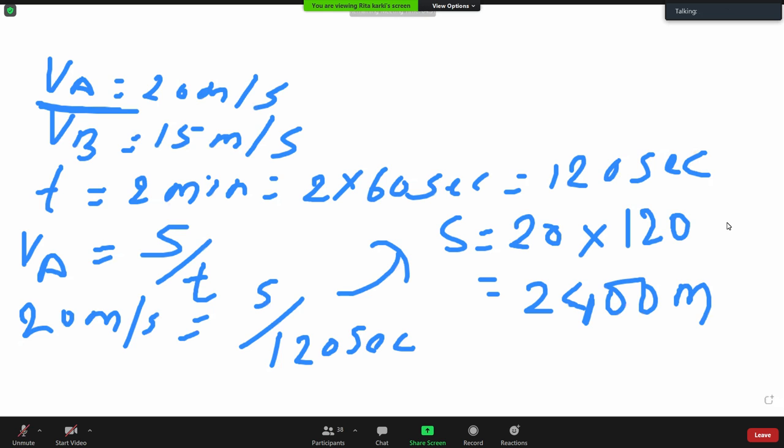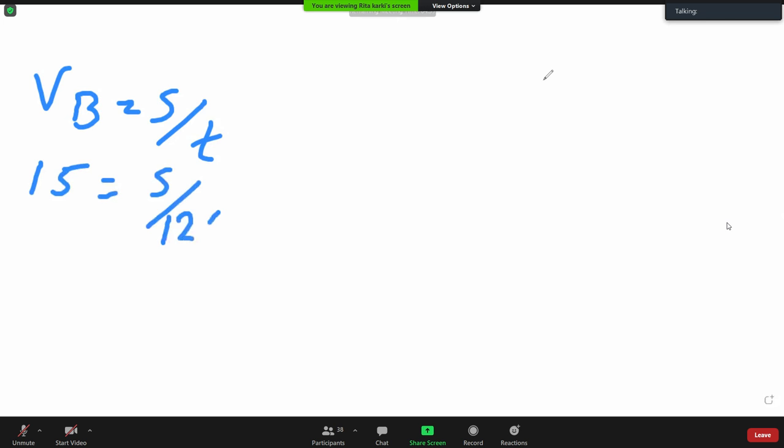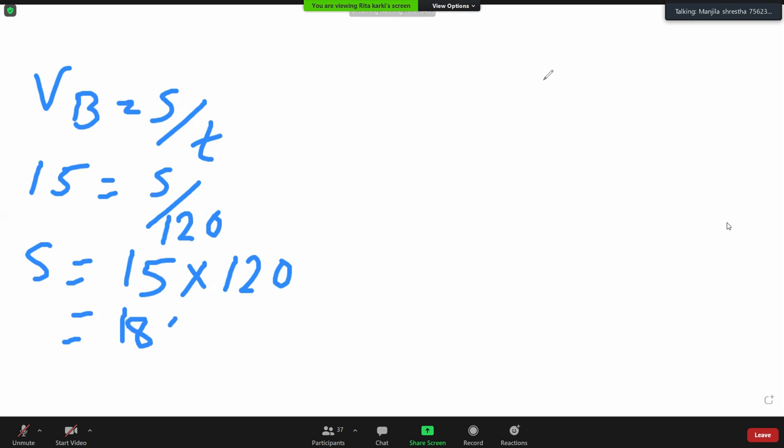Now again, find out the distance traveled by vehicle B. The velocity produced by the second vehicle is 15 meters per second at the time of 120 seconds, so distance traveled by the vehicle is 15 into 120, that is 1800 meters towards west direction. Clear? Now again, we need to find out the total distance between both of the vehicles.